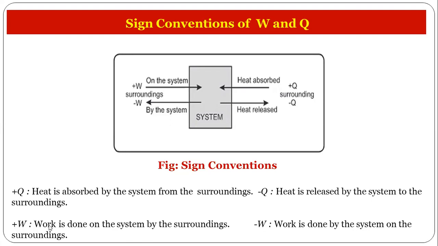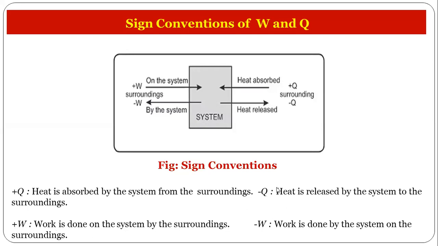But if the W is positive, the W is positive in case of contraction. When the gas contracts, work is done by the surroundings on the system here. So first we have to remember this W, minus W and plus W.